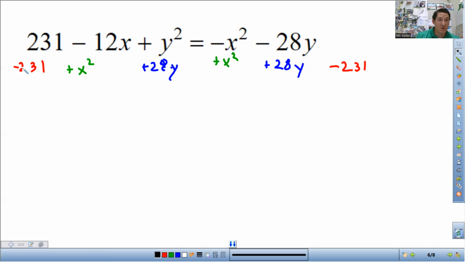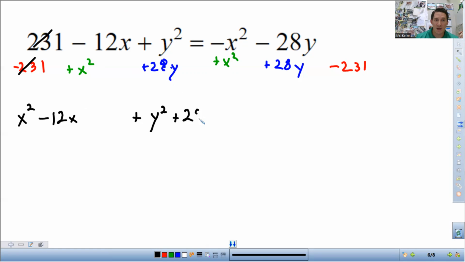Negative 231 cancels out here. I have a positive x squared, so it's going to be x squared minus 12x on this side with it. Plus, I'm going to give some space there for a c value, so plus y squared, plus a positive 28y. Negative 28 plus 28 canceled out here, and then I have a negative 231 on this side.